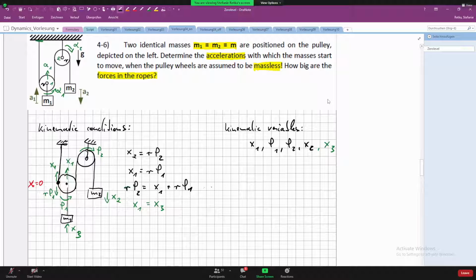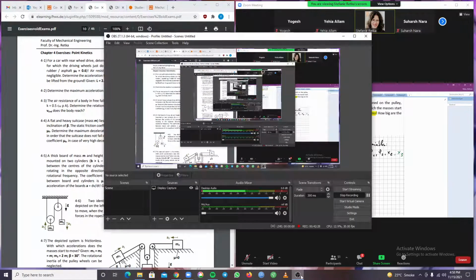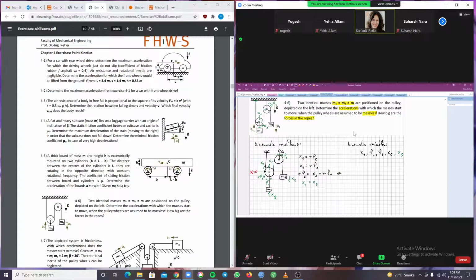Okay, let's come back to this kinematic condition. We are comparing pulley 1 to pulley 2. Pulley 2 performs a pure rotational motion since the center of this pulley is fixed due to the rope being connected to the ceiling. So how much rope is moving over the pulley? The distance of the rope covered corresponds to r times phi 2. This is the amount of rope moving over the pulley in a certain time interval.